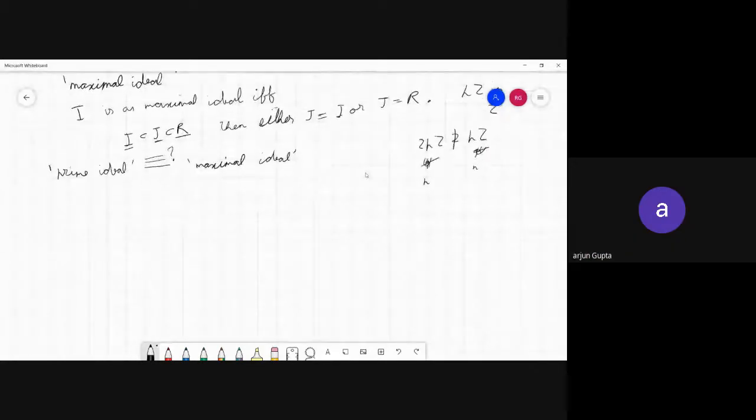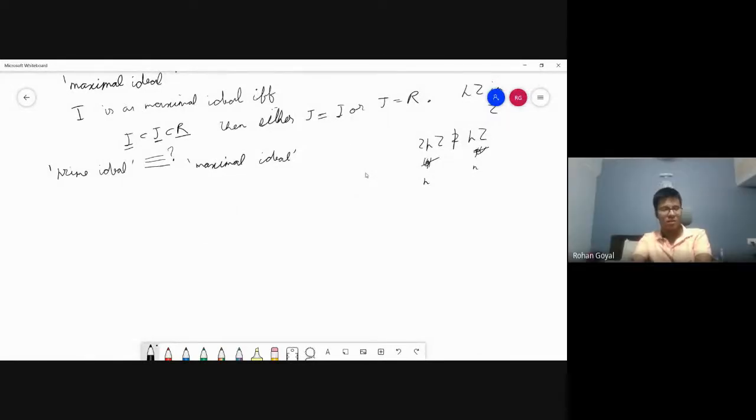Is p always a prime, or any integer? If it was not a prime, then it does. Like if you are saying mZ, let p divide m, then mZ is a part of pZ, so it cannot be maximal.